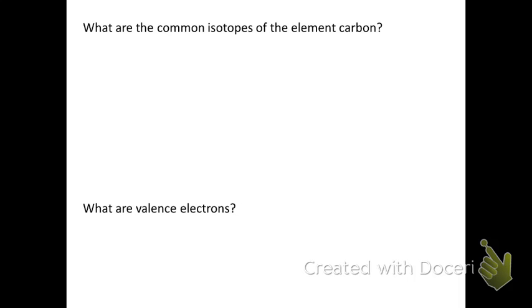Therefore, all isotopes of carbon have 6 protons. So we have 3 isotopes, and we're going to put our 3 symbols for carbon. On the bottom, we're going to put the number of protons, like that. The 6 represents the atomic number, or the number of protons.